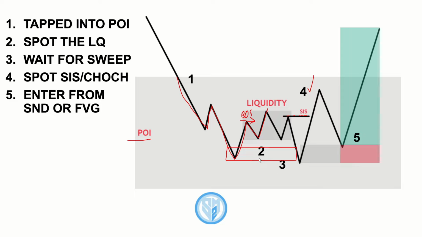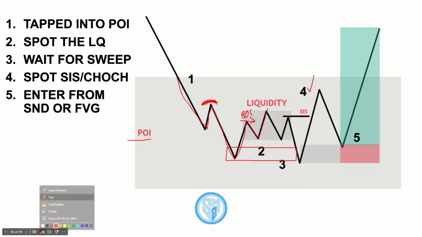You should not be entering on a break of structure like this, because this is not a break of a previous high. This is a break of price action, which has nothing to do with this previous high, right? This is just an internal break of structure and is not a shift in structure. This is in no way a signification of a shift in structure.